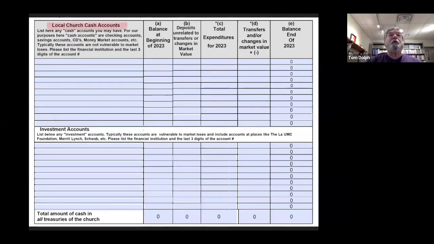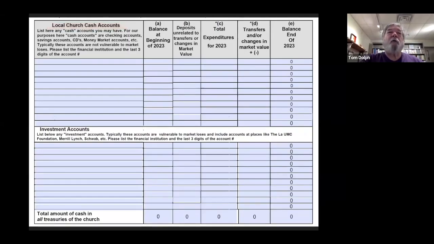And those institutions are broken up into 2 separate categories. The first is cash accounts. So this is anything that is primarily or easily liquid. Checking accounts, saving accounts, CDs, money markets, not very vulnerable to market changes and pretty easily accessible if you need to get cash from them or to them.